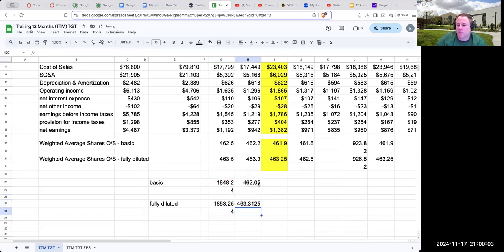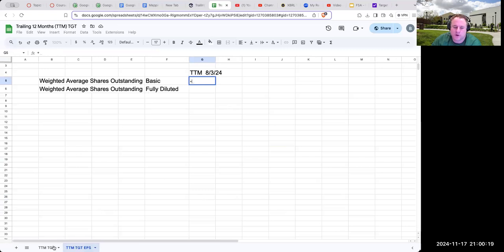So my weighted average shares outstanding for the full period is going to be 462.05 for basic and 463.3125 for fully diluted. Let's put those into our results.